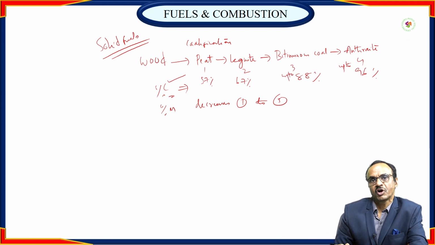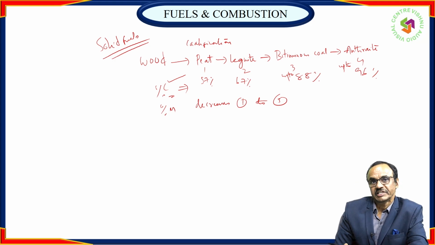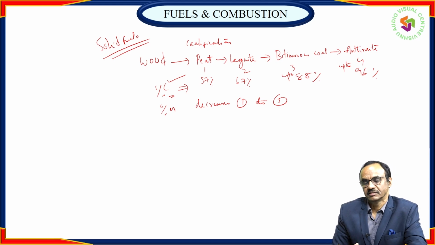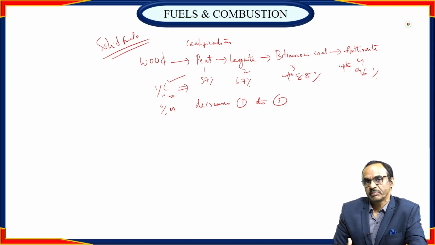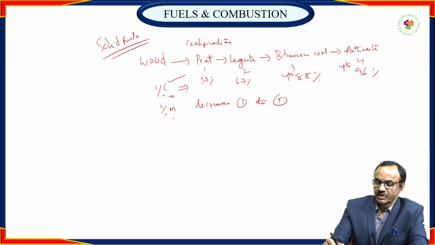Carbon is the main contributor during combustion in giving heat content. As the carbon content in the coal increases, its effective calorific value also increases, and the moisture content from wood to anthracite decreases. Other impurities also decrease.